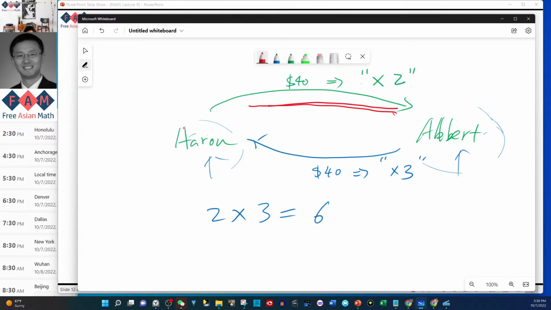If we choose that one, we'll see at that moment, Albert, after receiving $40 from Aaron, is twice of Aaron's money. But now, how about the other condition? Say, Albert gives Aaron $40.